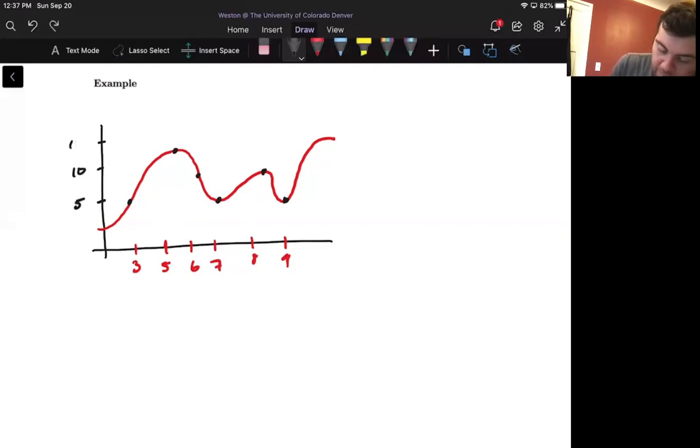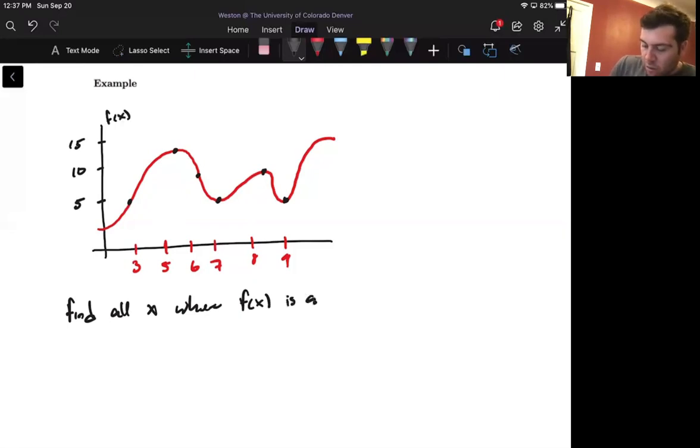And it'll ask you to find all x where f of x is a local max.